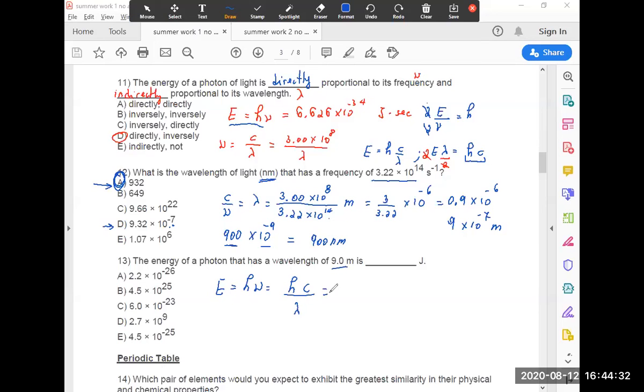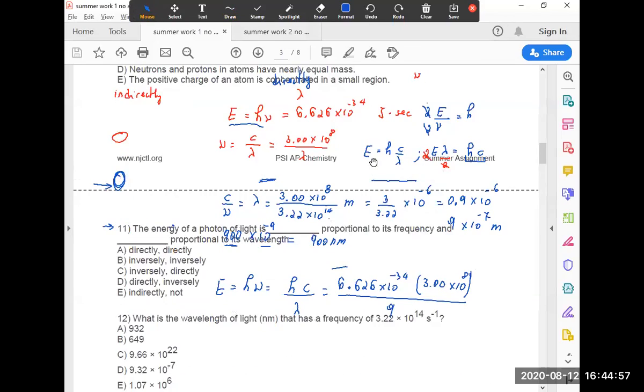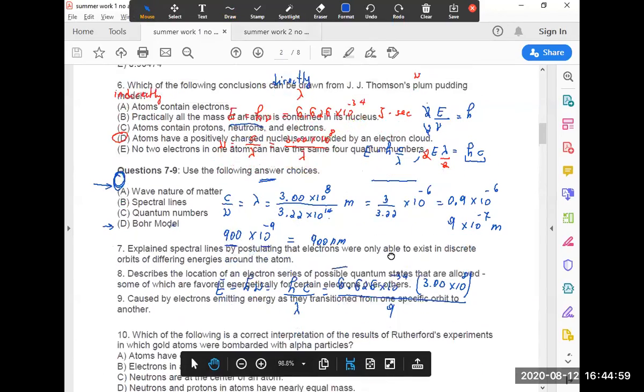So this is going to be 6.626 times 10 to the negative 34 times 3.00 times 10 to the 8, divided by the lambda, which is 9. Again, I believe, to be honest, that they said at the beginning not to use the calculator. Let's see, because I do not remember.